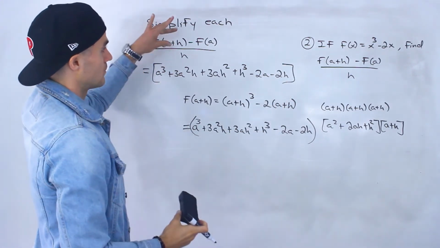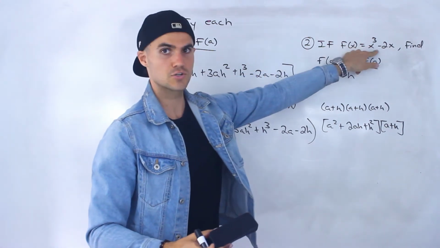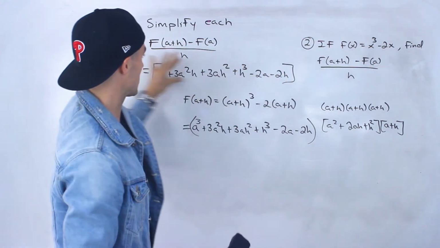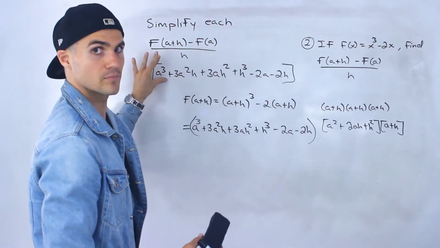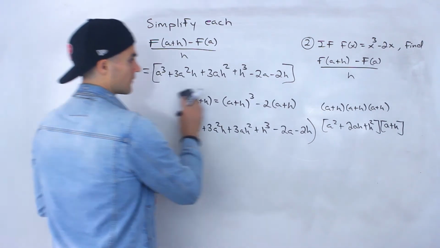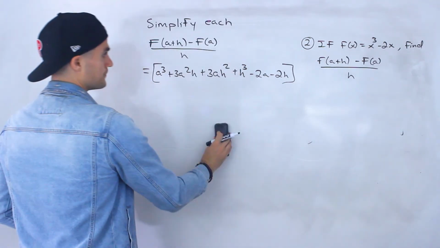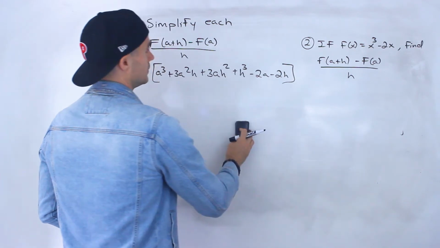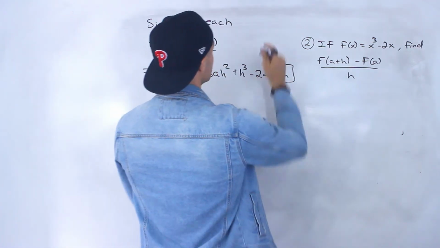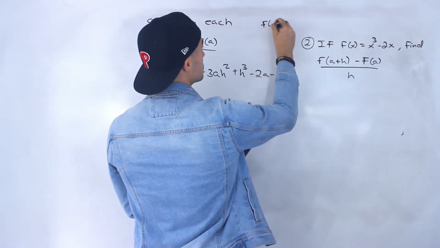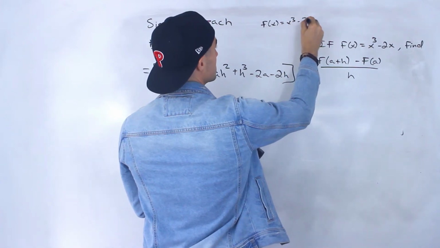All right, so if f of x is x to the power 3 minus 2x, f of a plus h is this entire square bracket over here, right? And then, you know what, I'll just write the function up here. F of x equals x to the power 3 minus 2x.